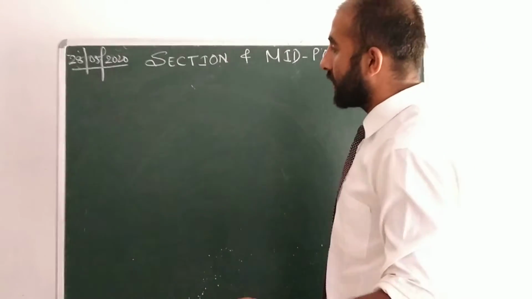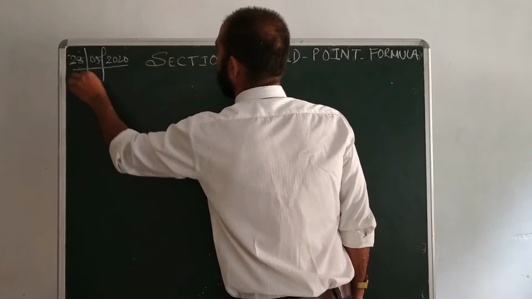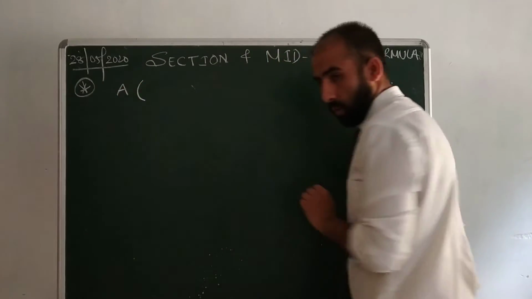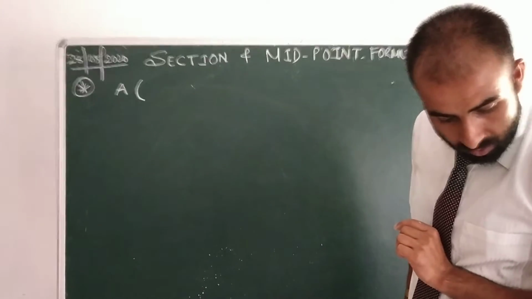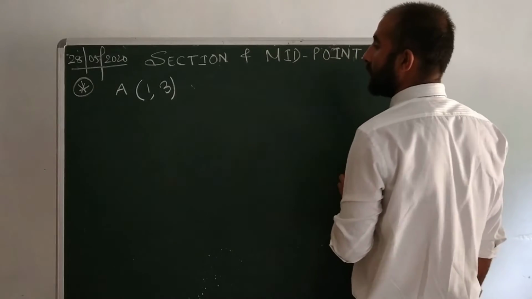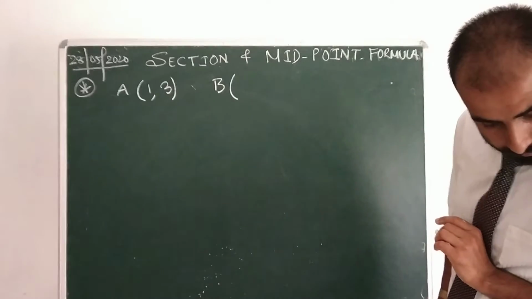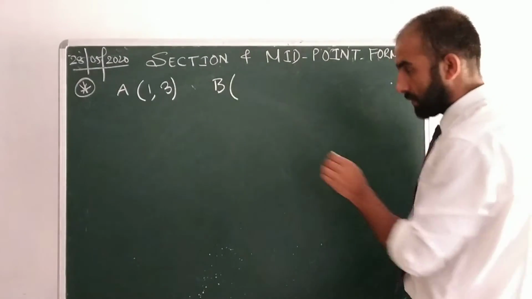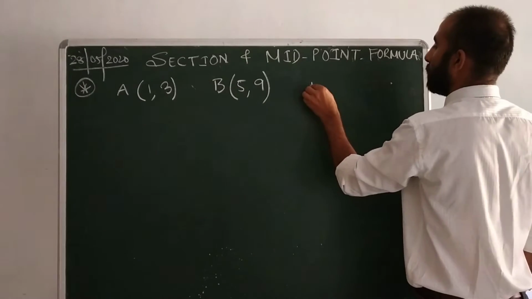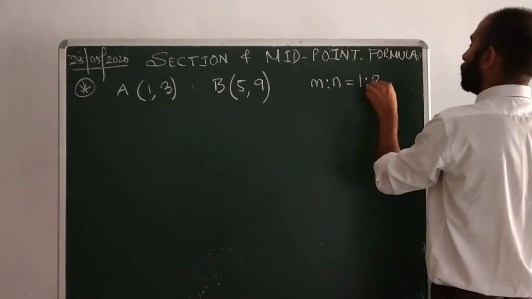Let us understand the section formula with one example, a very simple question. Suppose you are given coordinate A as (1, 2), point B as (5, 9), and the ratio m is to n as 1 is to 2.